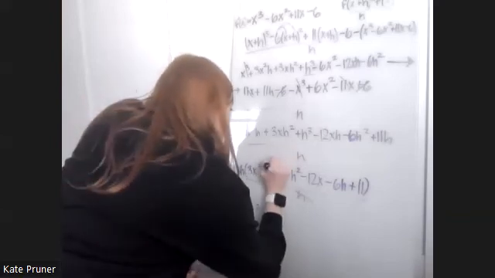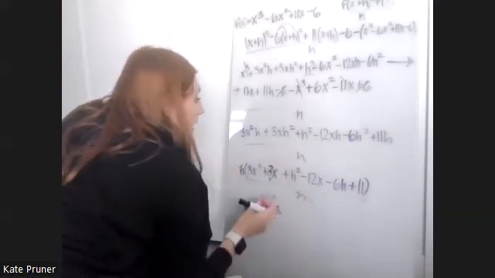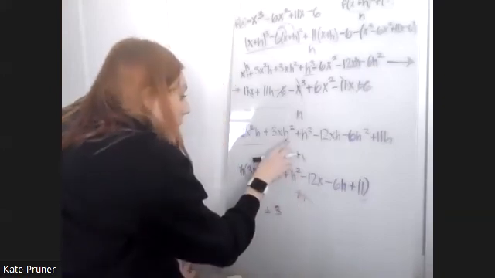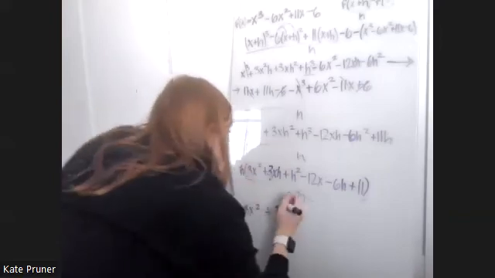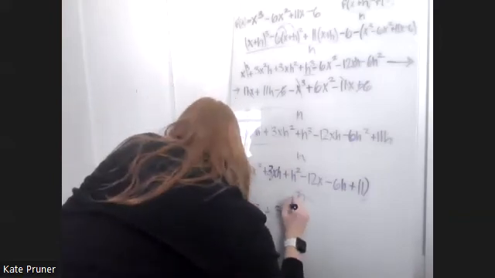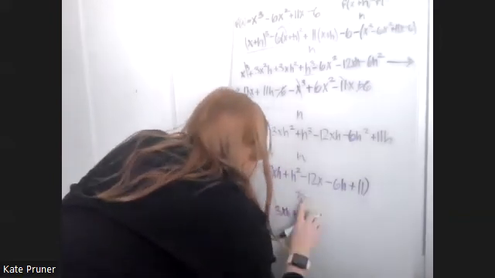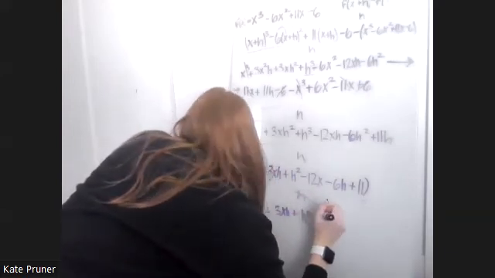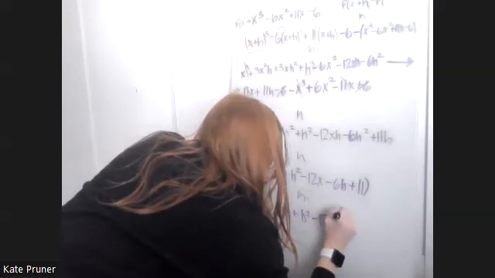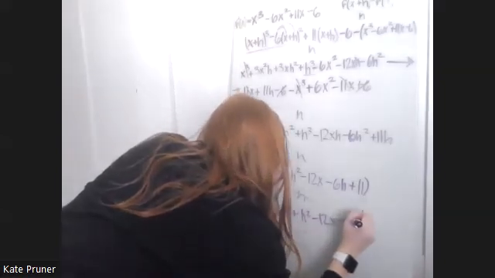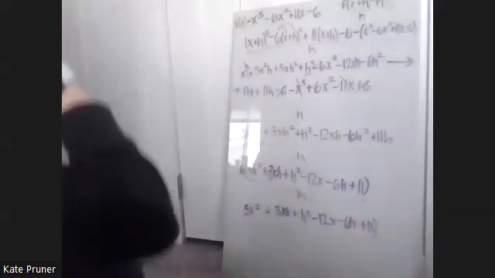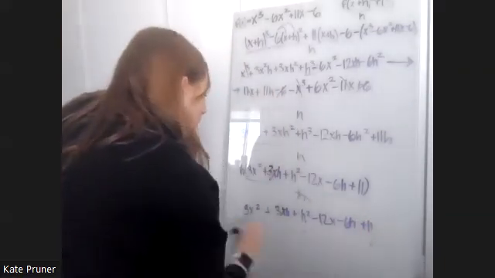So we've got a 3xh because we factored that one out. So we're going to get 3xh plus h squared minus 12x minus 6h plus 11. And this is going to be our answer here.